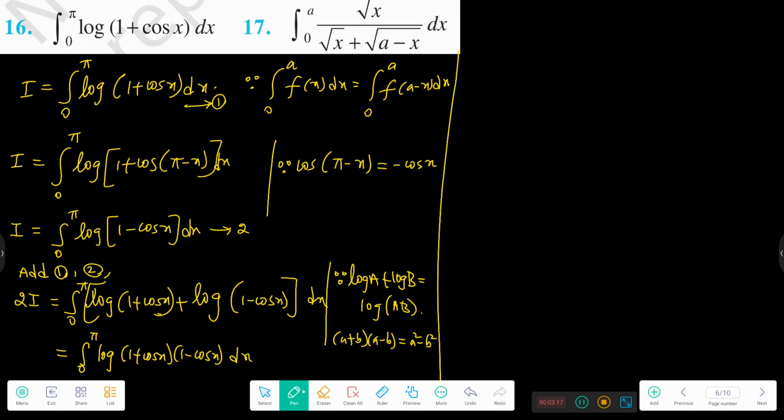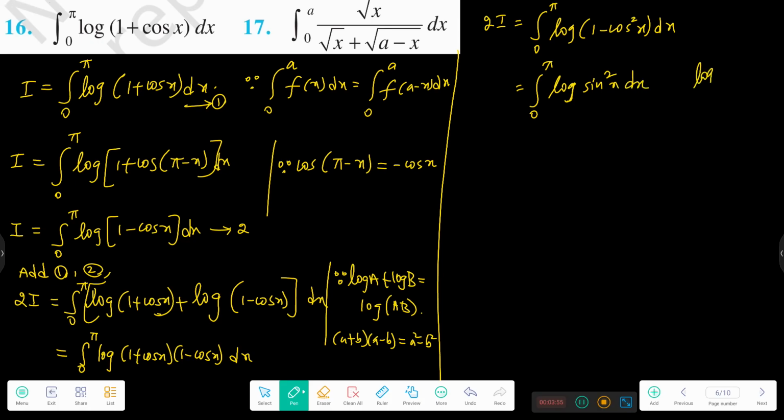So for the left hand side we have 2I, which is equal to integral 0 to pi of log of 1 square minus cos square x. What is 1 minus cos square x? Sin square x. So integral 0 to pi of log of sin square x into dx.